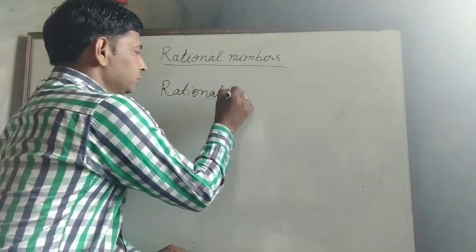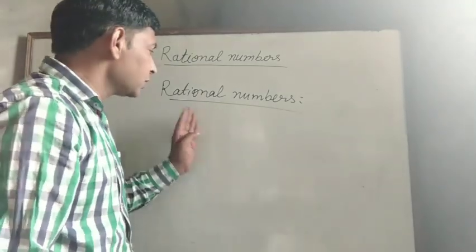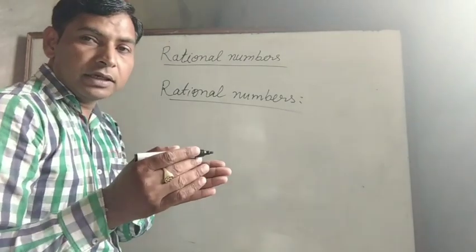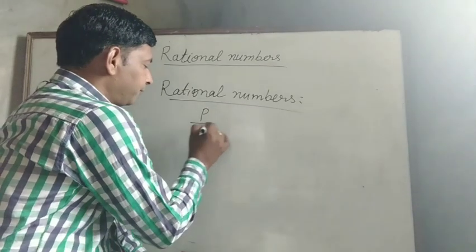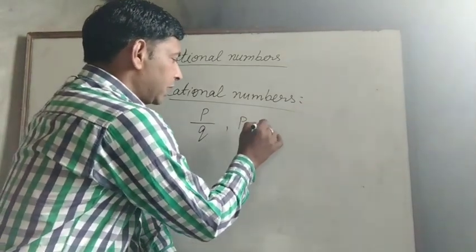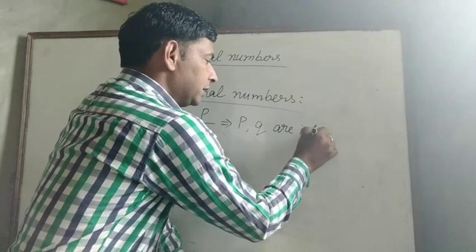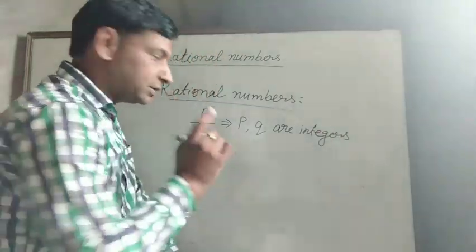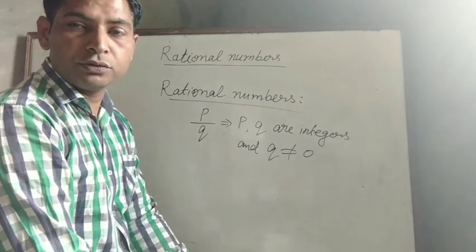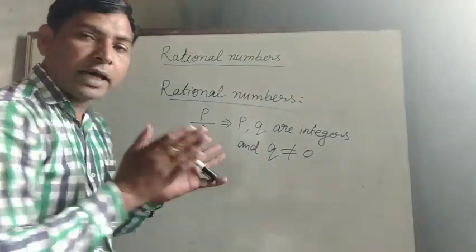Rational numbers definition: the numbers which can be expressed in the form of P upon Q, where P and Q are integers and Q is non-zero, not equal to 0. P can be 0, but Q cannot be 0.